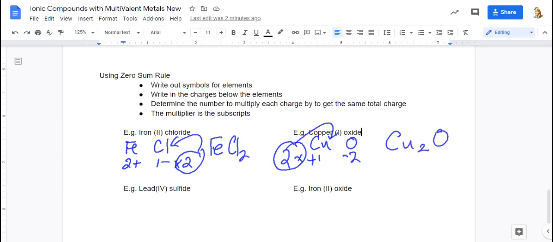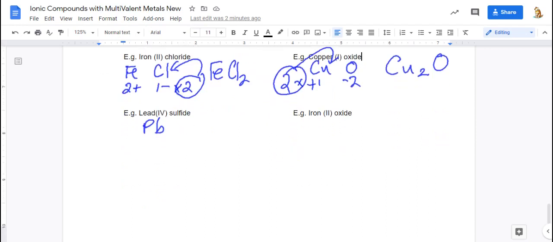Lead 4 sulfide. So Pb is 4 plus and sulfur is 2 negative. So I can bring up that -2 to -4 by multiplying by 2. So that multiplier applies to that element.